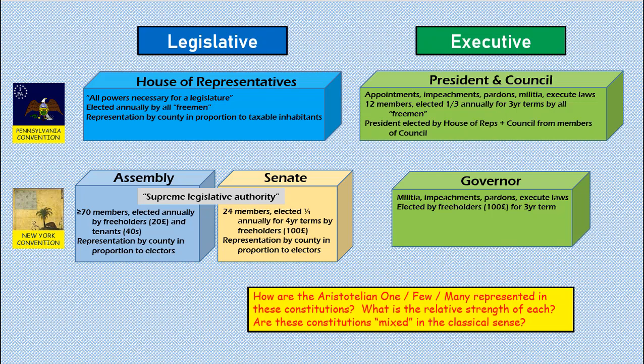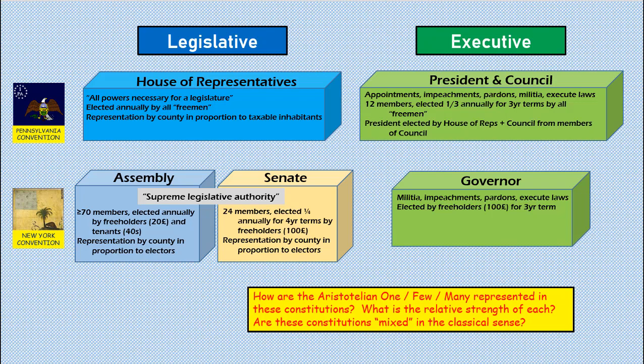The many is also a tricky concept for these state constitutions. We notice that the Pennsylvania Constitution entirely obliterates the idea of the many, but the New York Constitution can't quite get rid of it, and indeed the New York Constitution is much more representative of the other state constitutions. So this division between many and few is encoded in the distinction between the Assembly and the Senate in the New York Constitution.